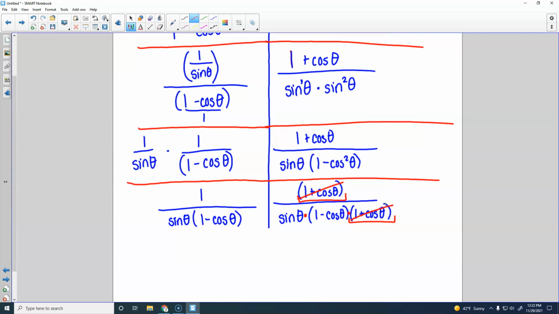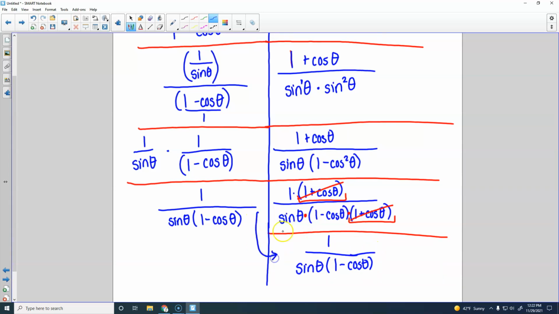This step has to be shown. If you don't show where you factor that, then I'm going to assume you just canceled those cosines incorrectly and did not get full credit on it. And then there's still going to be a 1 on top there, and we'll have sine theta times 1 minus cosine theta, and that equals what I have on the other side, so I know I've done it right.